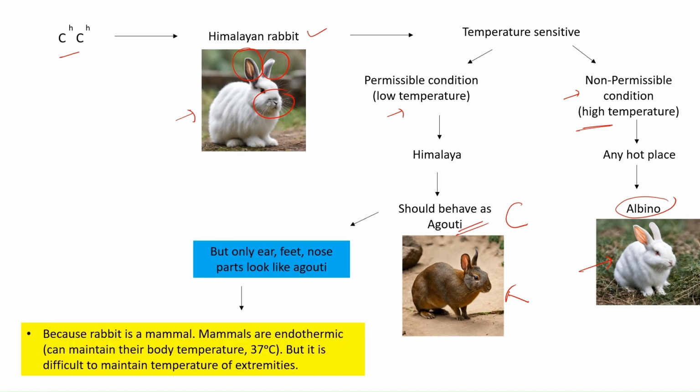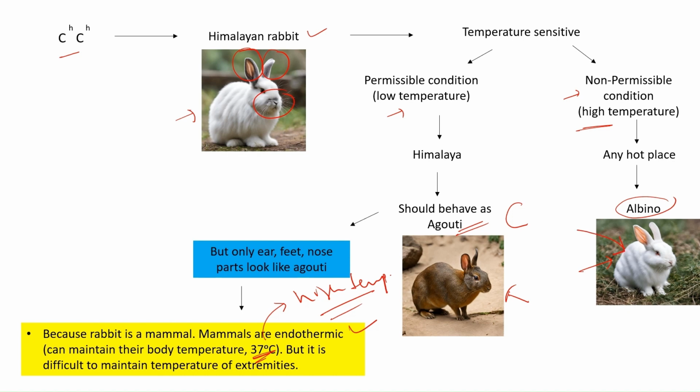Why so? Because rabbit is a mammal and mammals are endothermic organisms. Endothermic means they maintain their body temperature at 37 degrees centigrade. So 37 degrees centigrade is a high temperature. High temperature means it is not favorable. So because it is not favorable, they behave as albino.